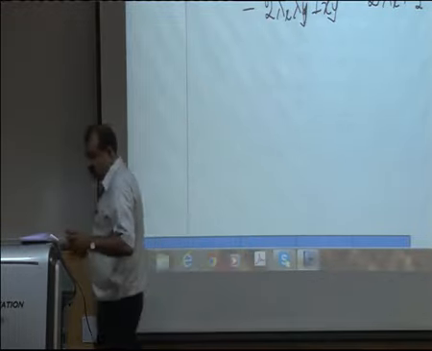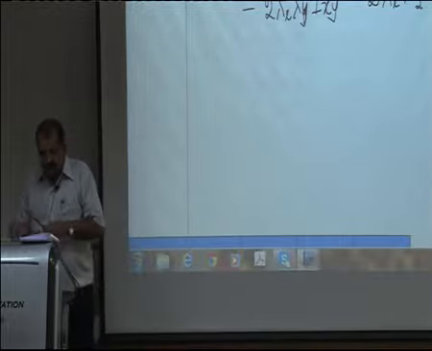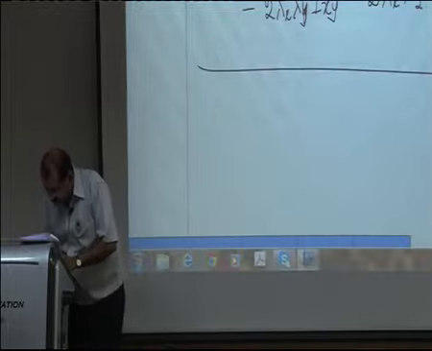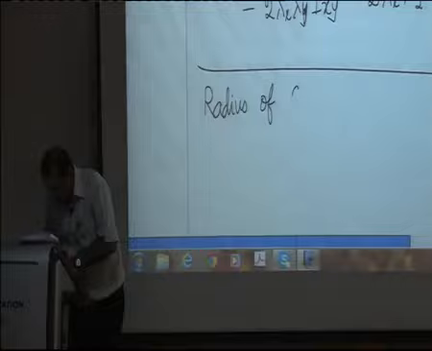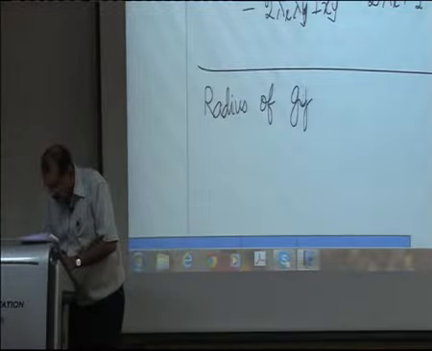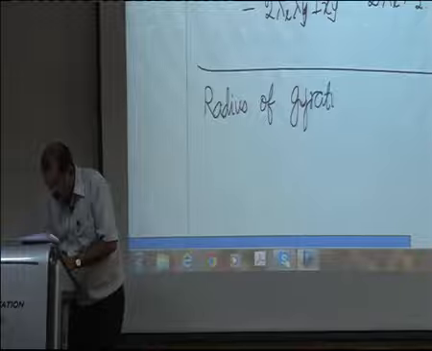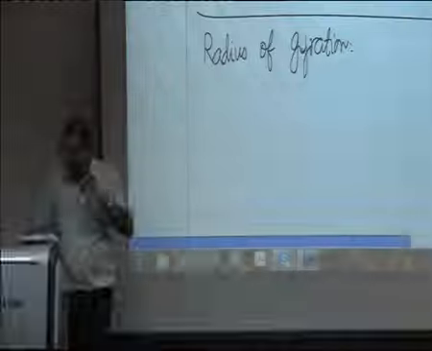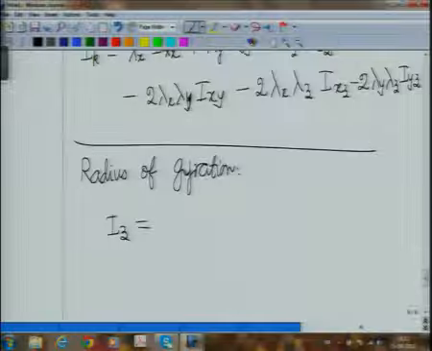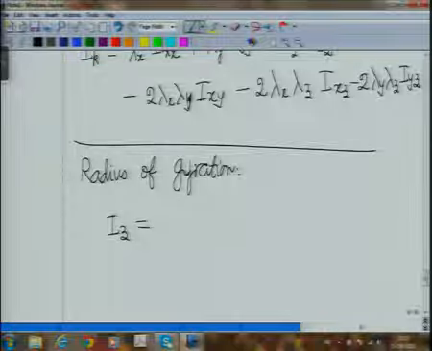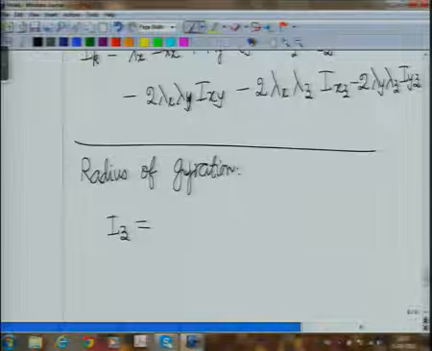Now there's a term which we use, radius of gyration. Radius of gyration is something you can think of almost as a synonym of moment of inertia.